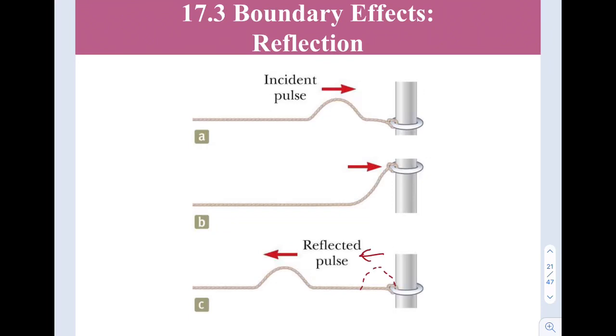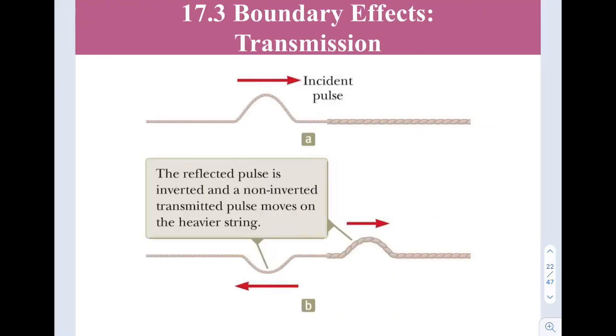Finally, we are going to consider a situation in which the boundary is intermediate between these two extremes, between the fixed end and the free end. In this case, the medium does not end, but rather it changes in some way and continues.